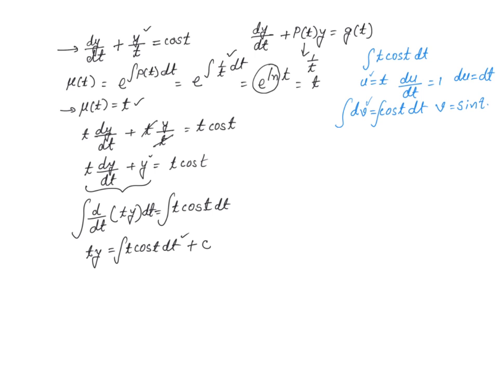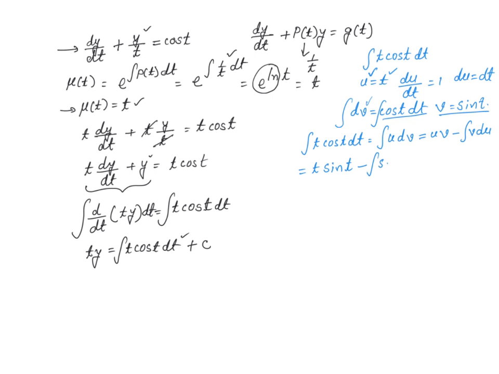Now let me find the integral. So according to our assumption, the integral of t cosine of t dt is going to be integral u dv. My u is t and my dv is cosine of t dt. So that's going to be equal to uv minus integral v du. So my u is t right here, and v is sine of t, minus integral v du.